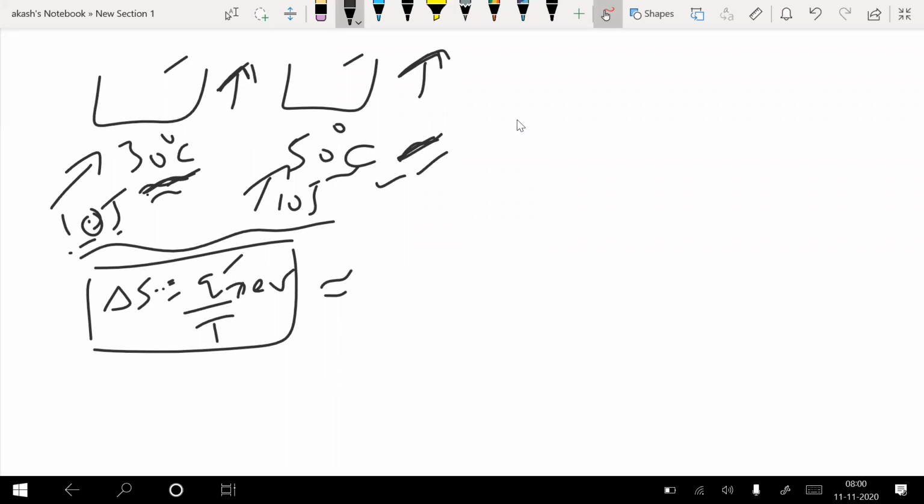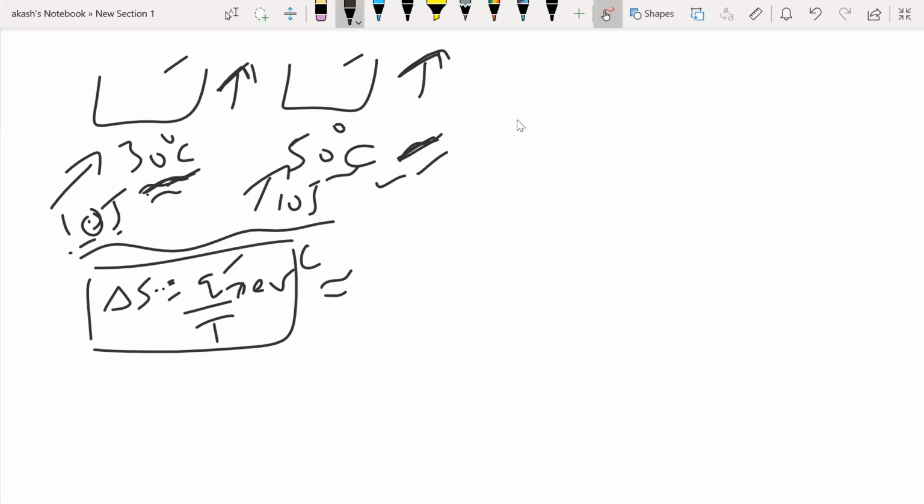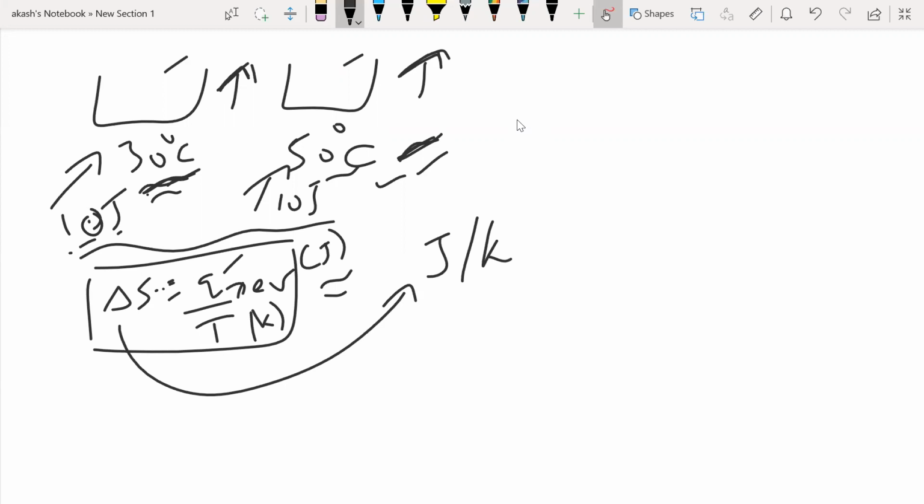Joules per Kelvin, sir. Yes, right. For Q, I know it's joules. For temperature, I know it is Kelvin. So obviously the unit of delta S is joule per Kelvin. Joule per Kelvin is the unit of S, or delta S for that matter.